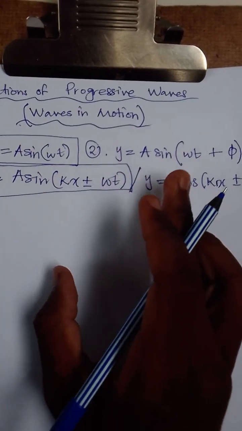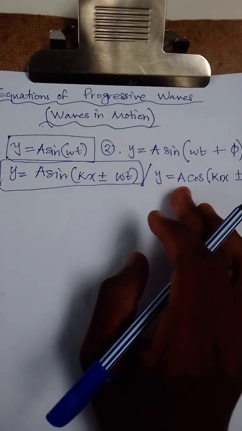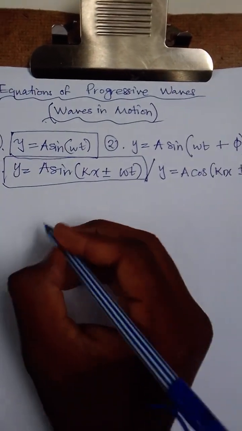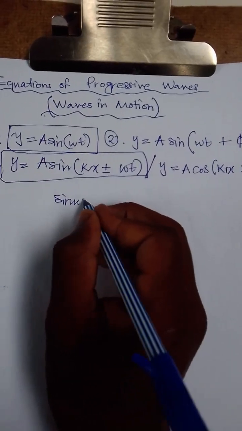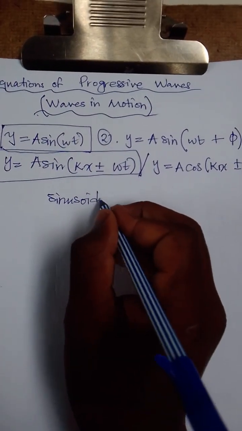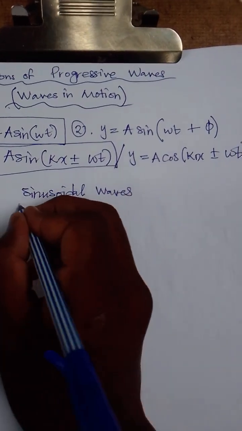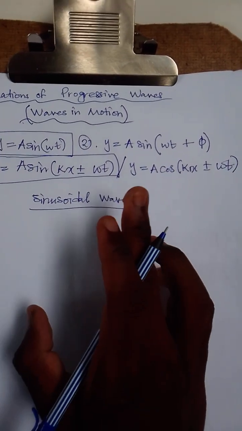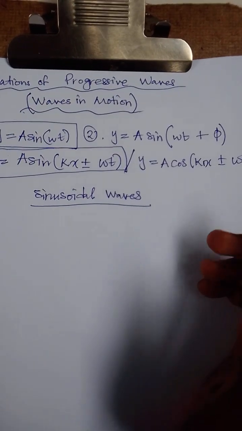So you wonder where these formulas come from. So I want to show you. Let's do the sinusoid waves. So a sinusoidal wave is a progressive wave.